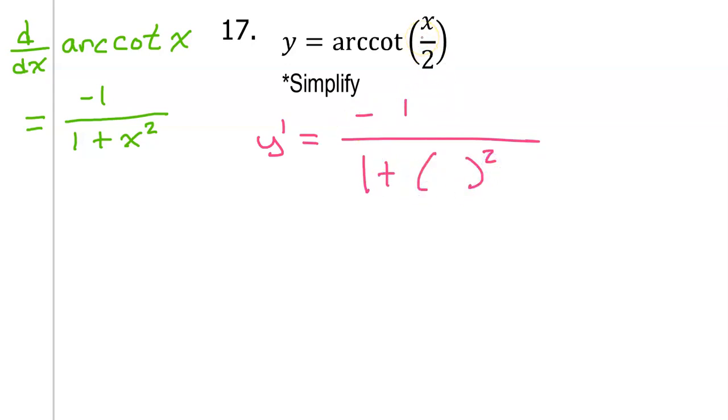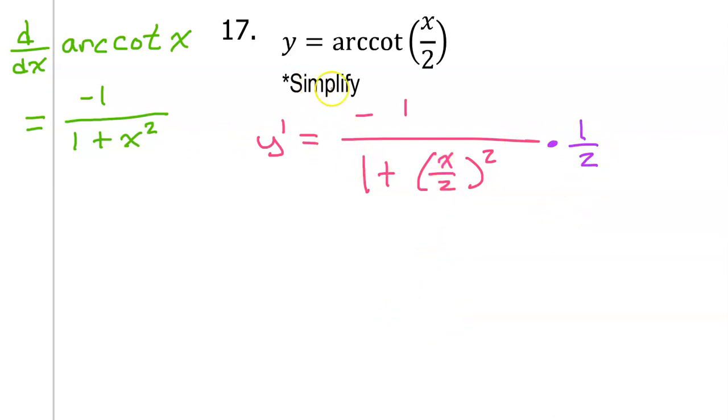But since it is not just a plain ordinary x, I will put the x over 2 inside of here. And because we have a function inside of a function, I need to now multiply by the derivative of this. When I look at x over 2, I really am thinking 1/2 x, because that would be the same thing. And the derivative of 1/2 x would just be 1/2.